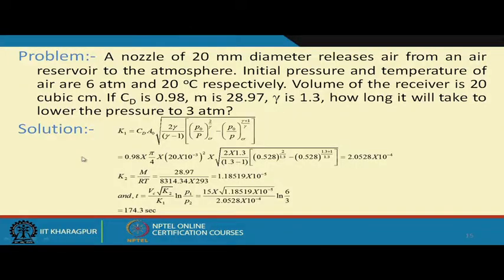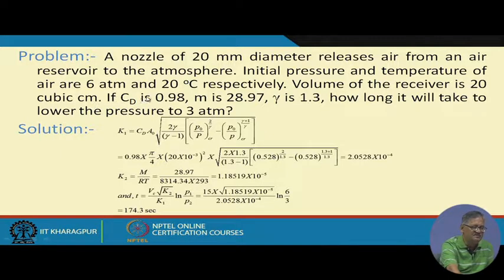So, if we do a problem on it like this: a nozzle of 20 millimeter diameter releases air from an air reservoir to the atmosphere. Initial pressure and temperature of air are 6 atmosphere and 20 degree centigrade respectively. Volume of the reservoir is 20 cubic centimeter.